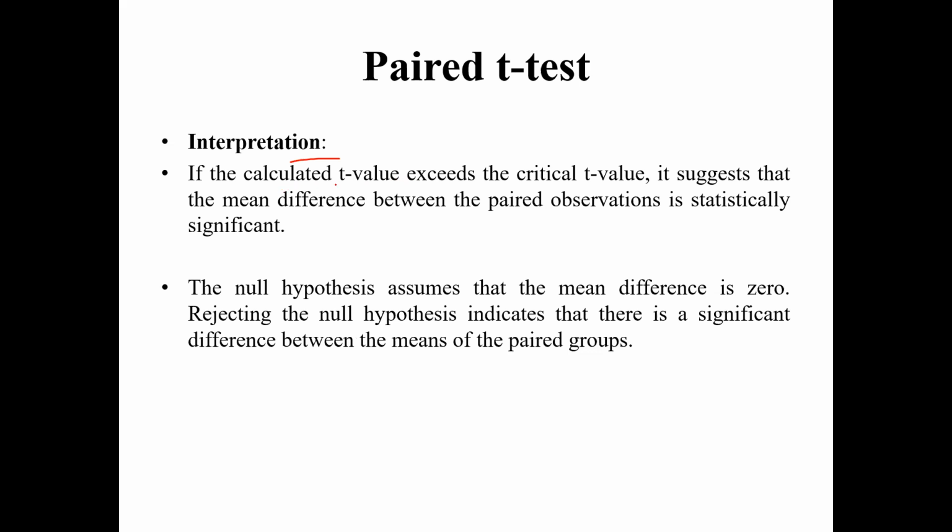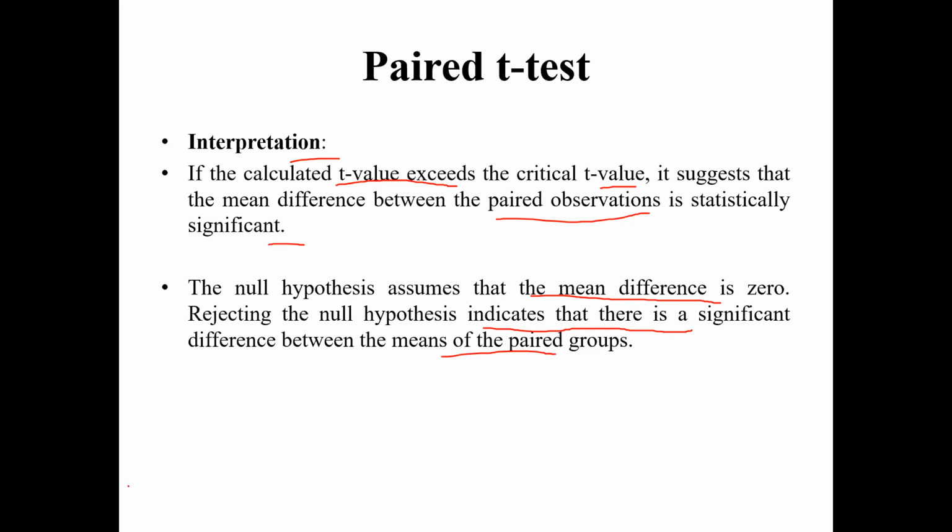If the calculated t-value exceeds the critical t-value, it suggests that the mean difference between the paired observations is statistically significant. The null hypothesis assumes that the mean difference is zero. Rejecting the null hypothesis indicates that there is a significant difference between the means of the paired groups.